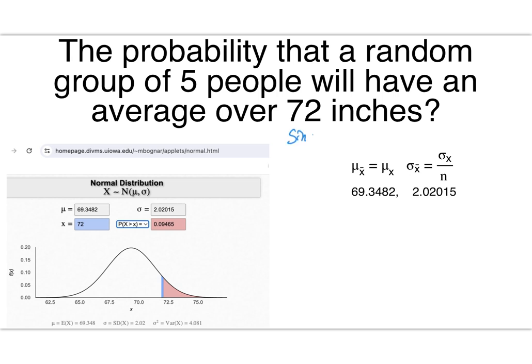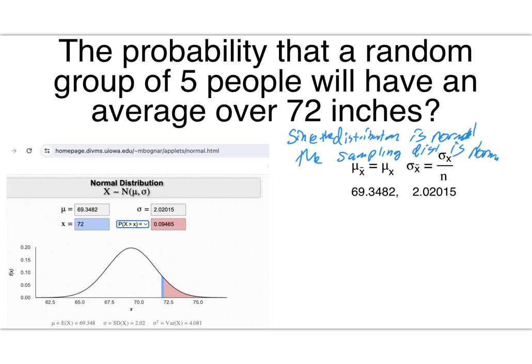So since the distribution is normal, the sampling distribution is normal.